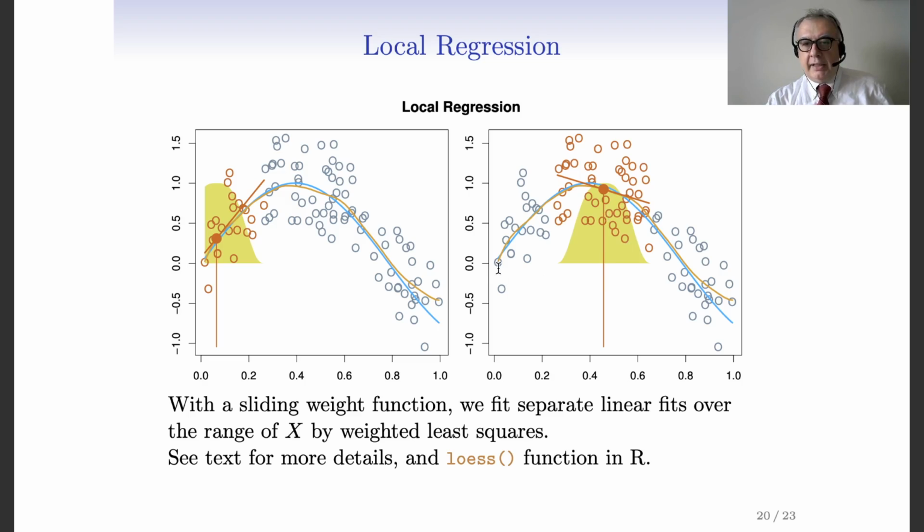So for instance, here you have the data, you are interested in some good approximation around here, so you take the red data, so you take the data in the neighborhood of the point you are interested in, and you perform a linear regression, and you obtain this result.